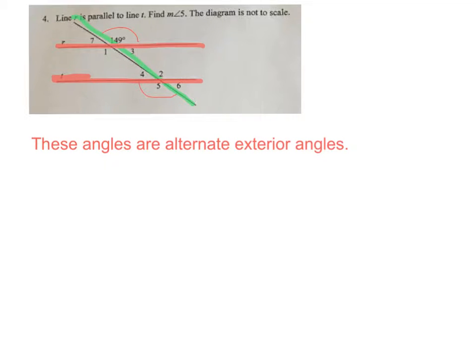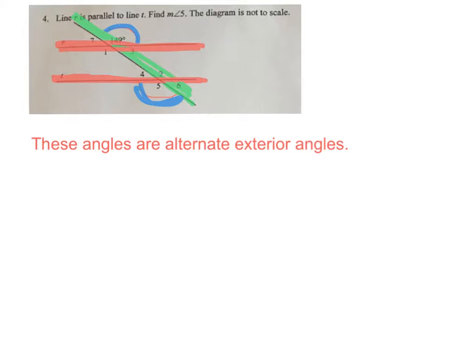As far as this angle that's 149 degrees, it's congruent to angle 5. And why? Because they are alternate exterior angles. They're alternate because they're on opposite sides of this transversal, okay? And they're exterior because they're on the outside of these parallel lines.